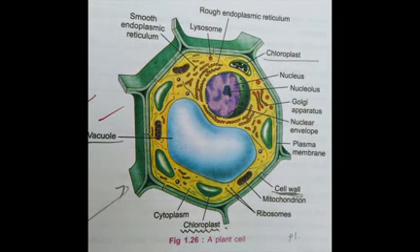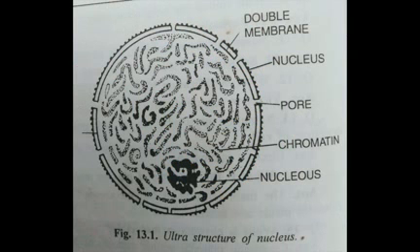Next is the nucleus. For that, you take a picture of a plant cell or animal cell or both, then it will be easier for you to understand better. Now you see in the diagram the nucleus, you'll find in each cell there is a prominent rounded structure.